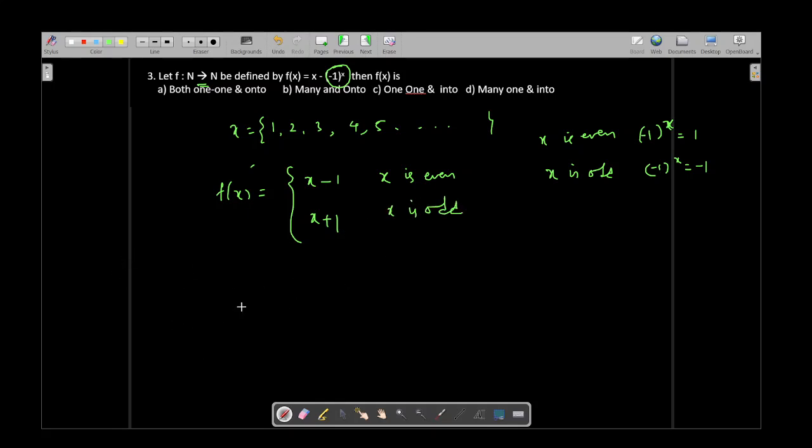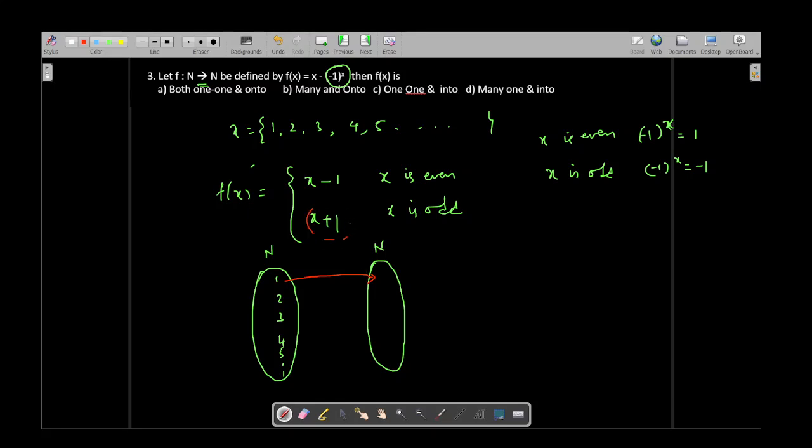So now we'll write the functions. Let's say we have the inputs from the natural numbers 1, 2, 3, 4, 5, and so on. Now it is mapped to: if x is odd, we have to take x plus 1, so 1 plus 1 is 2. When x is even, it is x minus 1, so 2 minus 1 is 1. Again 3 plus 1 becomes 4, and 4 minus 1 becomes 3.